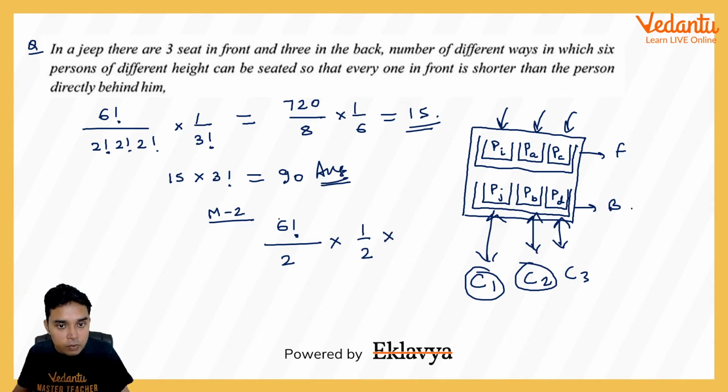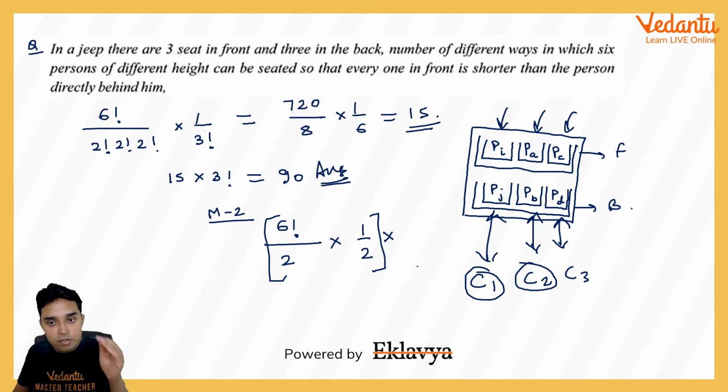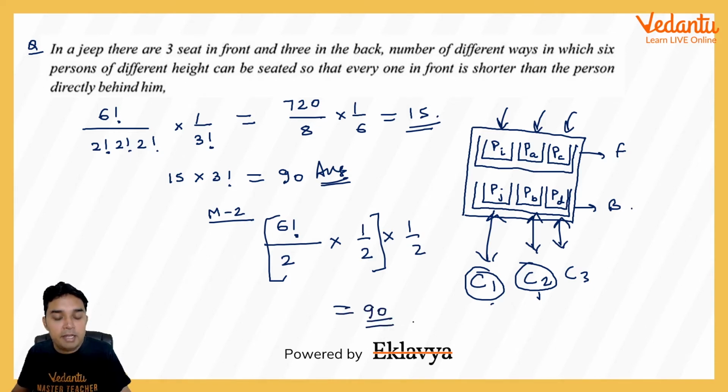Similarly, till this point we have made sure that the person with smaller height is sitting in the front row of column 1 and column 2. If we want this for column 3 also, we have to divide by 2 once again. So this will also give you the answer as 90 only. So this can be done in 2 ways. So that completes the answer of this question.